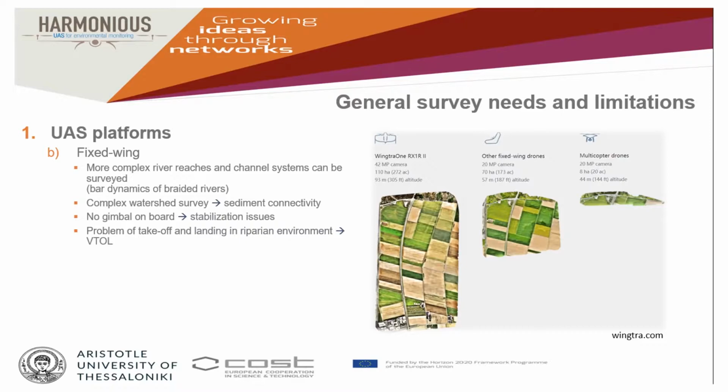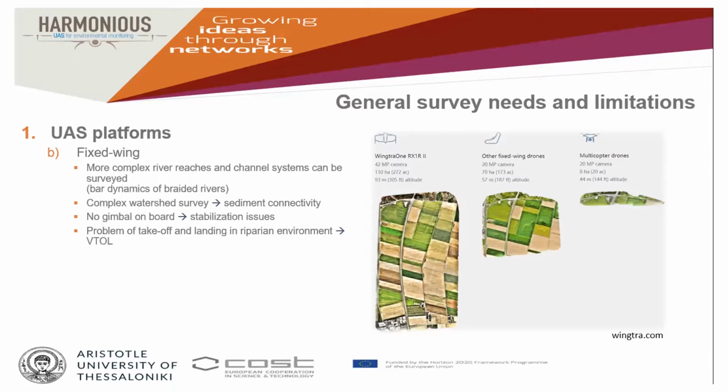But with these fixed wing drones, we can usually use a much better level of survey grade cameras. And of course, if we map several types of river environment, like in a valley setting in highlands, there can be a problem with the takeoff.